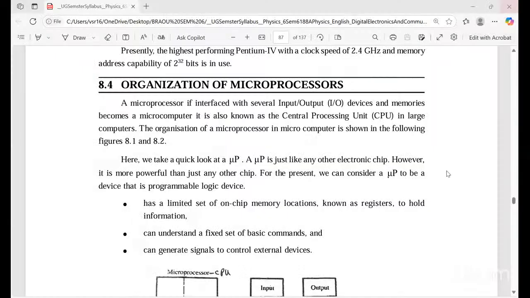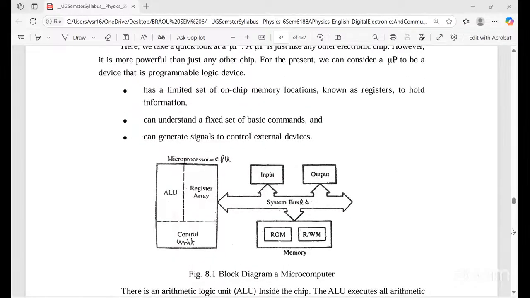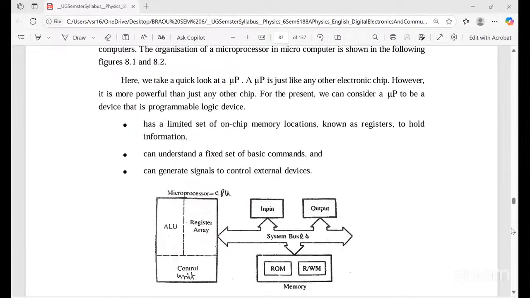So the organization of the microprocessor, you can see here. A microprocessor is just like an electronic chip, and it is more powerful than any other chip. A microprocessor is a programmable logical device.